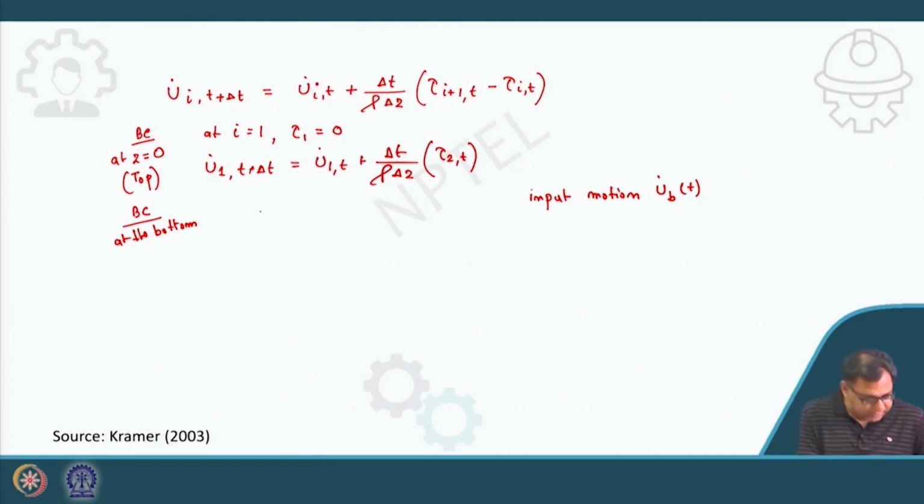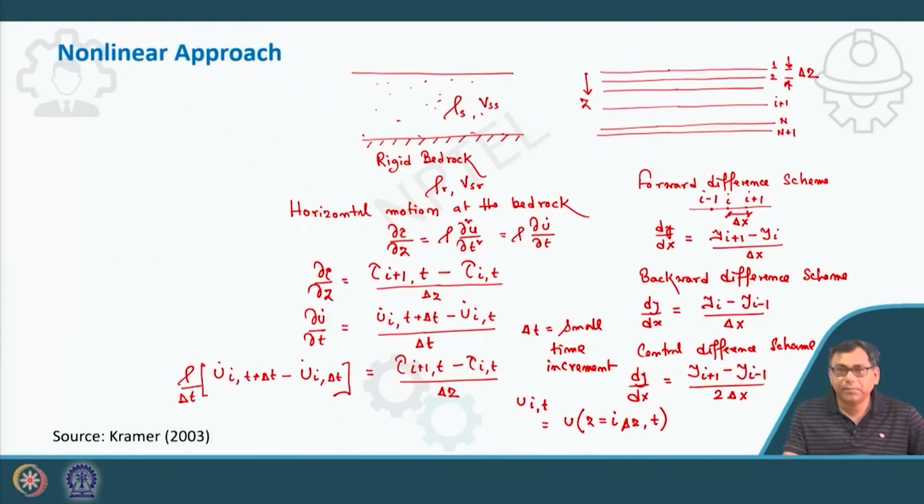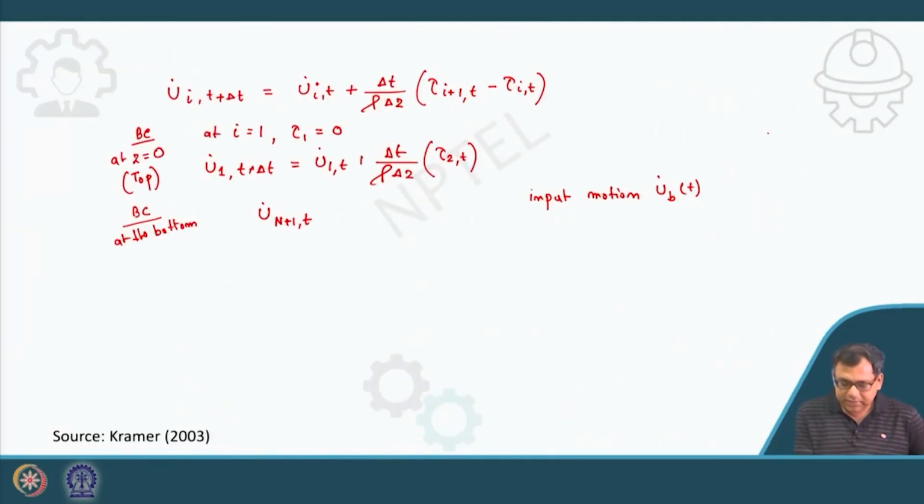In that condition I can write that u dot n plus 1 at t, this is my last node n plus 1, which is basically the bedrock, the same common node for the soil and the rock. If the bedrock motion is known, automatically that will be treated as u dot n plus 1 at t, equal to u_b dot at t, the known bedrock motion.